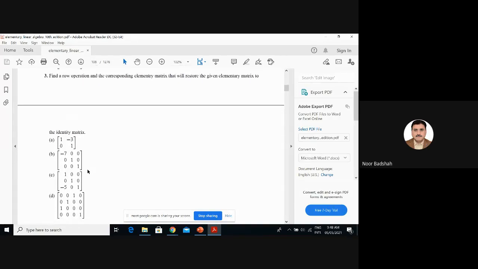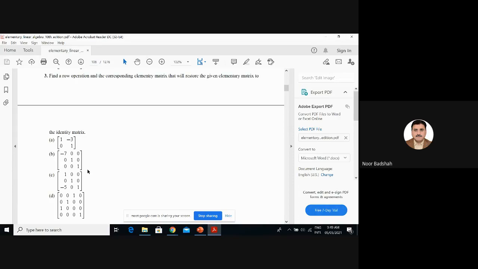Right? But the same thing again. Which row operation would apply to convert this elementary matrix into the identity matrix? And then restore the given elementary matrix to the identity matrix.